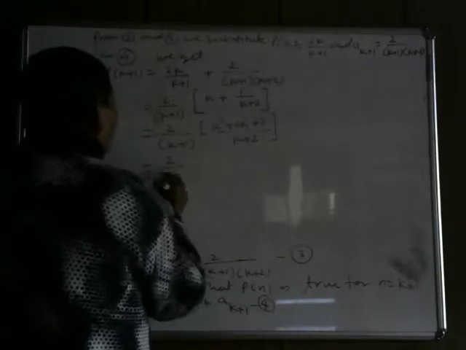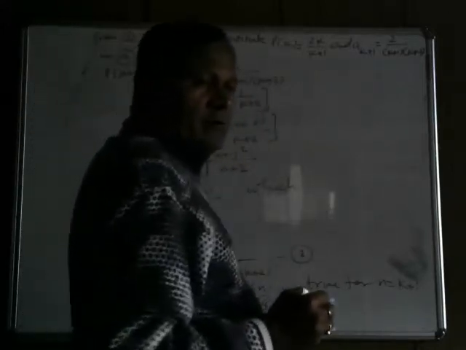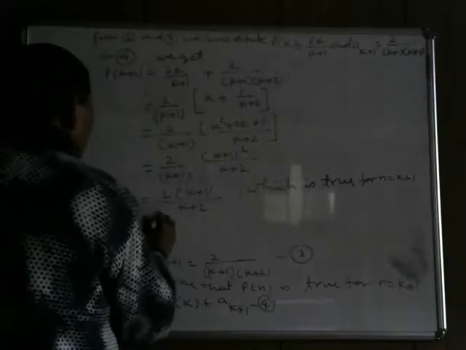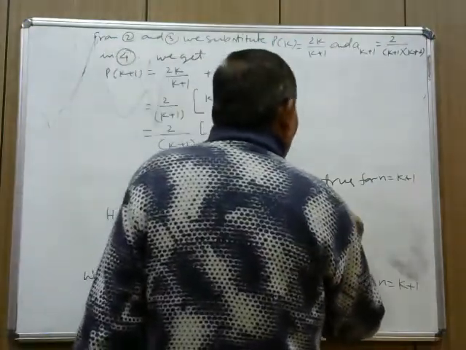So you can write 2 upon k plus 1 into k plus 1 whole square upon k plus 2, that is equal to 2 into k plus 1 upon k plus 2, which is true for n equals to k plus 1, hence P of n is true for each n belongs to N.